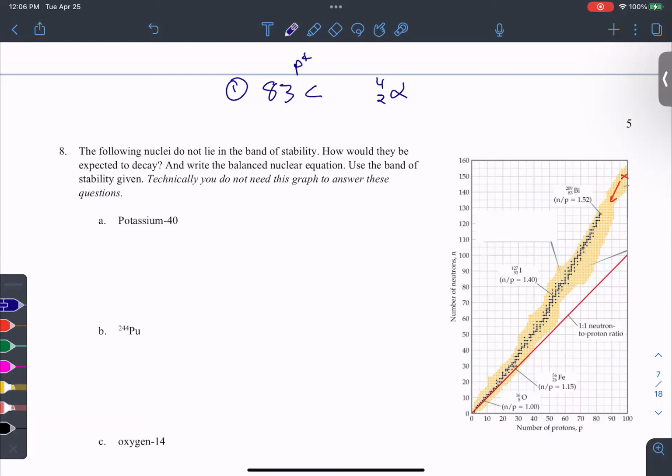That's the first one. The second criterion is if we are above the belt of stability, so your calculated neutron to proton ratio is above what's typical. What kind of emission happens? I forget. Is it beta? What does my key say? I always forget.